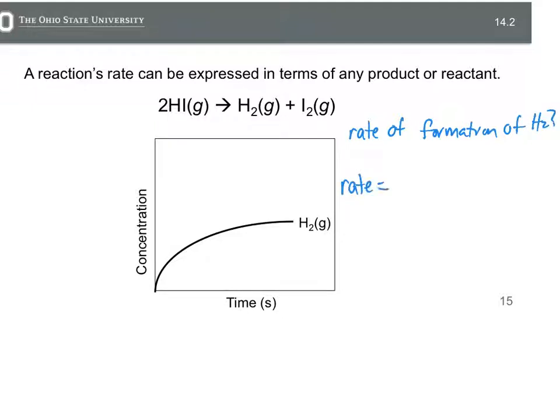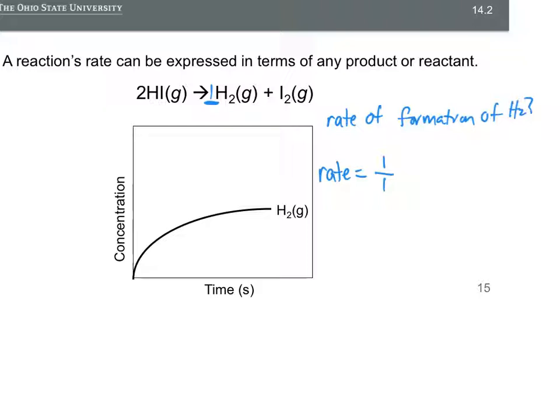Rate equals 1 over the stoichiometric coefficient. For H2, there's 1 H2 in our equation, times the change in concentration of H2 over the change in time.